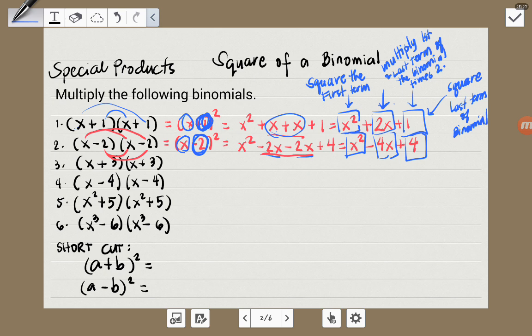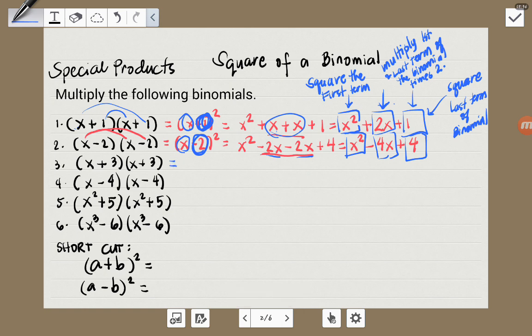Okay. So, try natin sagutan si number 3 with the pattern. Hindi na tayo gagamit ng FOIL method. Gagamit na tayo ng ating pattern, yung shortcut natin.